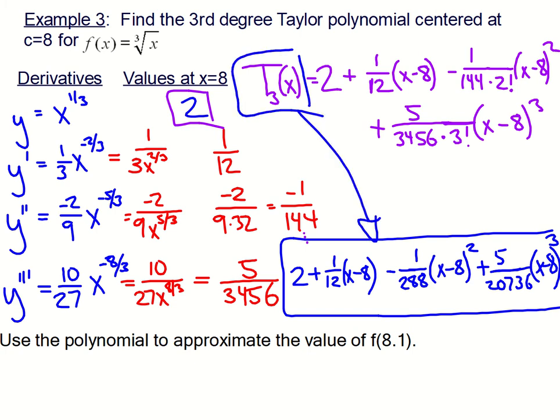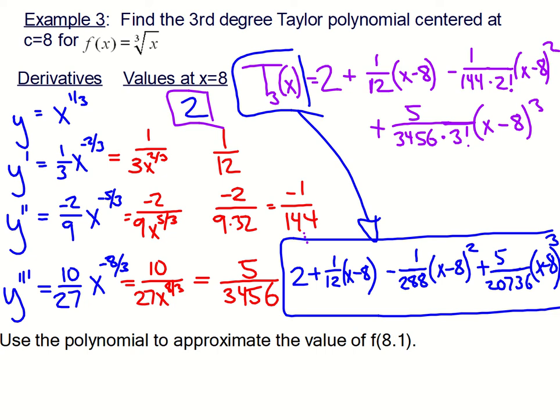This may not look like a great polynomial for you, but it's so much easier to evaluate a polynomial than it is to evaluate an irrational expression like the cube root of 8.1, let's say, or to evaluate a sine or a cosine function, or to evaluate an exponential function.